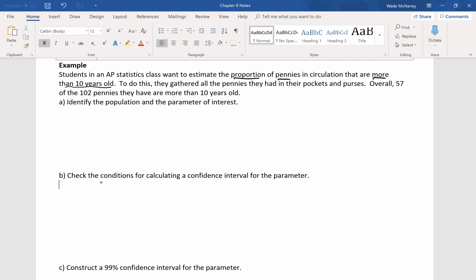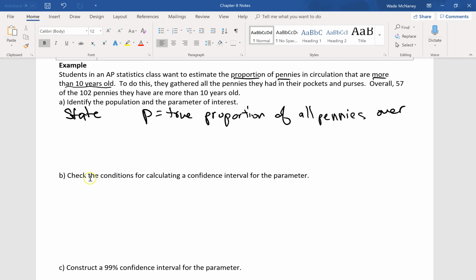So step 1, state. P is the true proportion of all pennies over 10 years old.